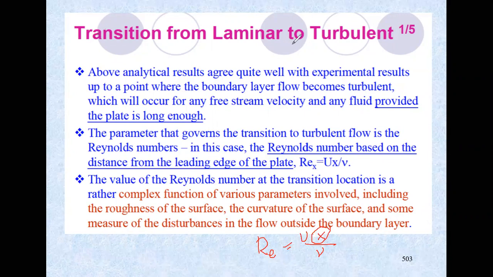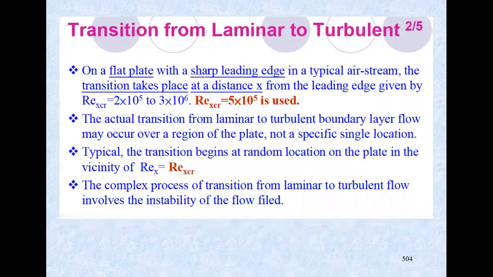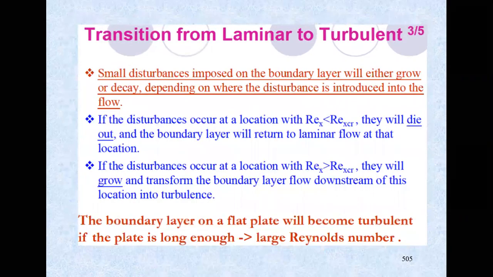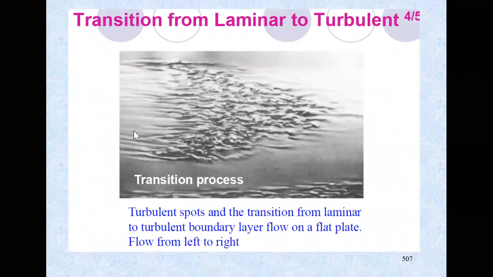So that's why you have transition from laminar to turbulent, as we can see in this figure. That's the transition process. So you go from laminar to turbulent, even on a flat plate. Even if you begin with laminar flow, you will eventually get into turbulent as long as you have enough length.